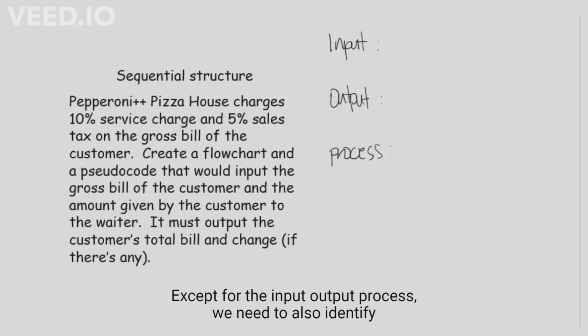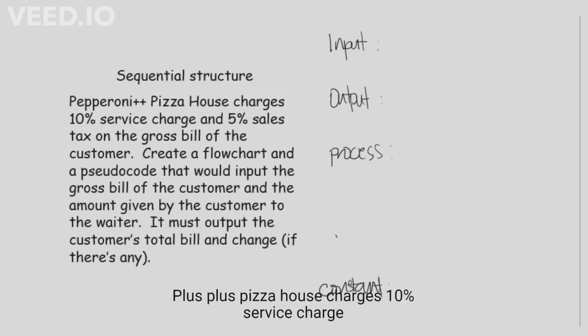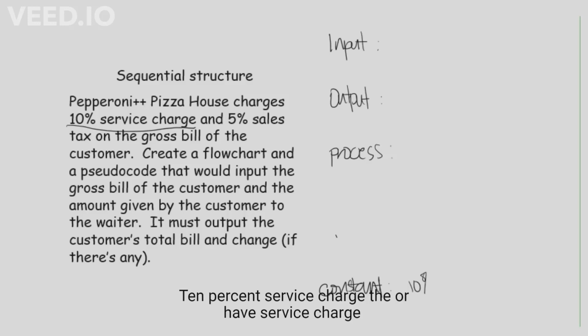Except for the input-output process, we need to also identify if there are constant values. I'm going to put it here. Okay, so let's read again. Pepperoni Plus Plus Pizza House charges 10% service charge. So that's a constant. 10% service charge.